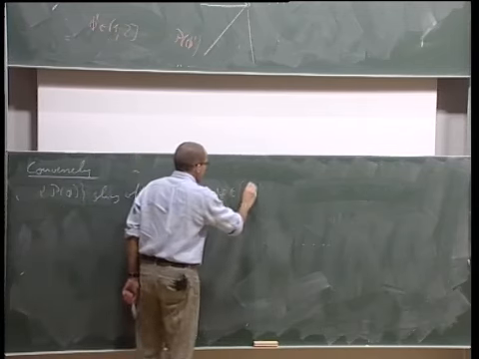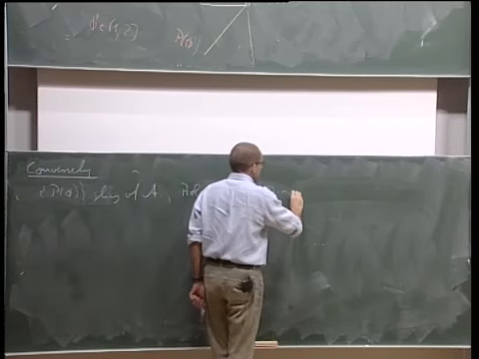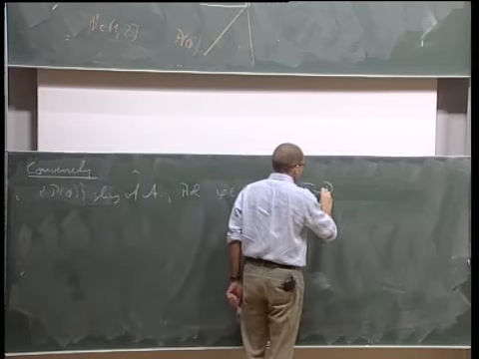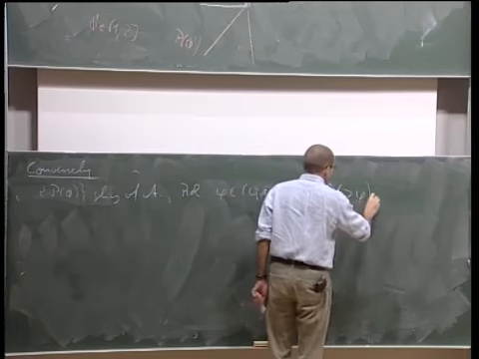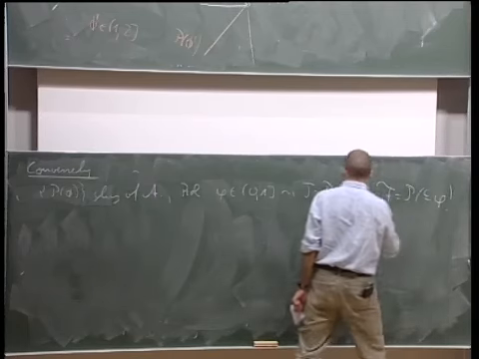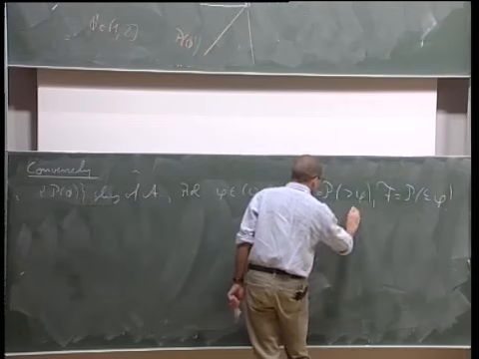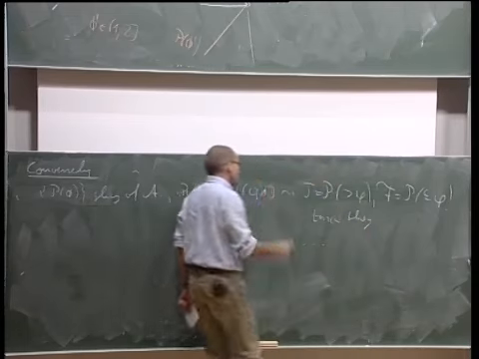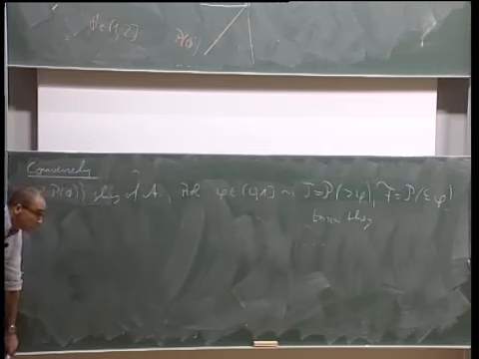Pick any little phi between 0 and 1, and define T to be this category, and F to be this one, and this is a torsion theory. This is our motivating example for the abstract notion of a torsion theory.